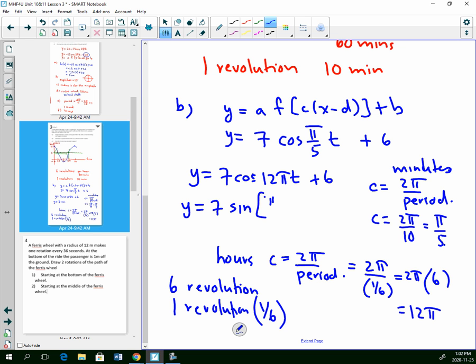But then you would have to have a shift to the right 7.5. So either one's okay. You can have the equation in terms of minutes, in terms of hours, or you could have it in terms of sine.